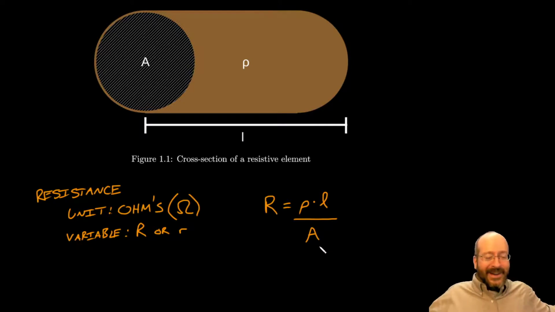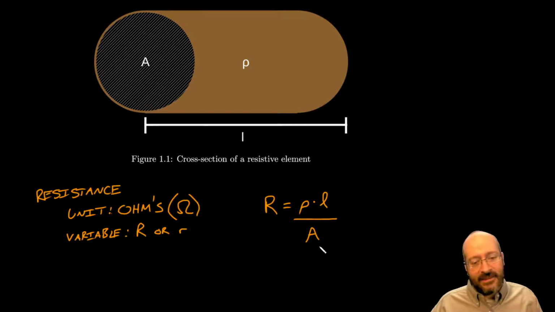If I make the road wider, it's going to be easier for the vehicles to drive down. Less energy is required. Last one is physical properties. If I'm really trying to abuse this car analogy, maybe I make the highway smoother, or I'm driving down a dirt road. It's going to take more energy to drive down the dirt road than a freshly paved highway. And that's really the physical properties that are encapsulated in this variable rho.